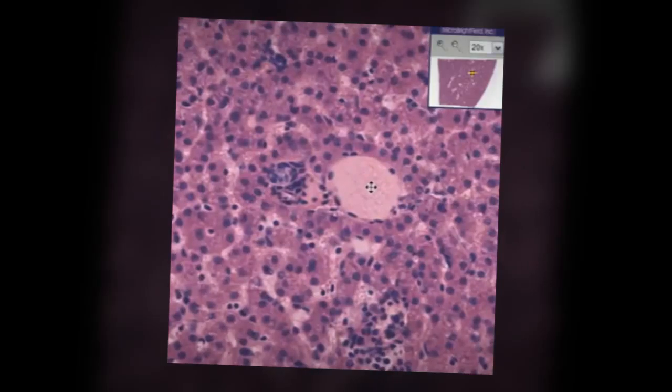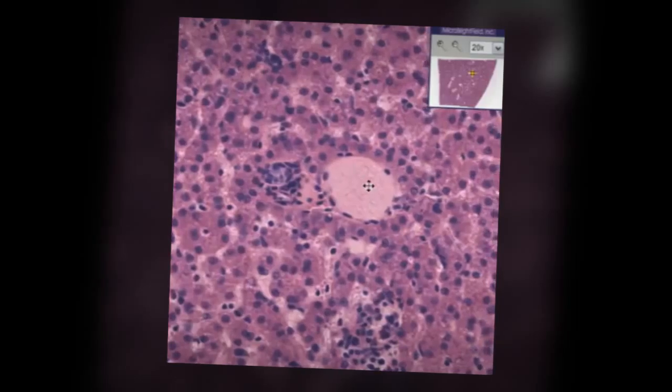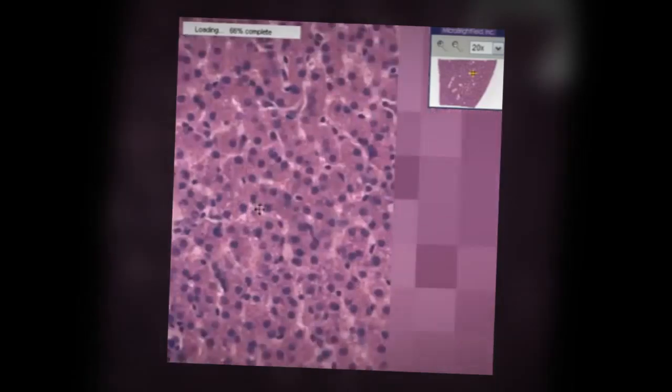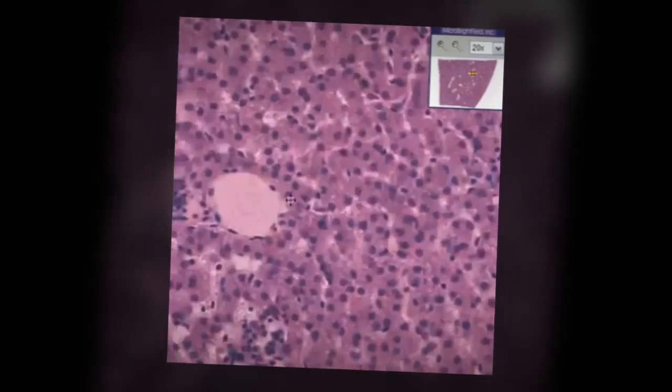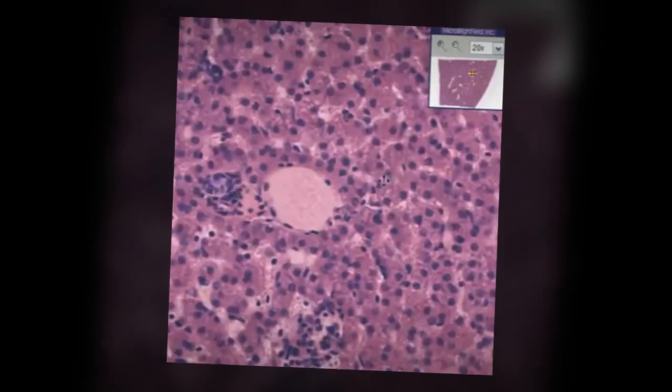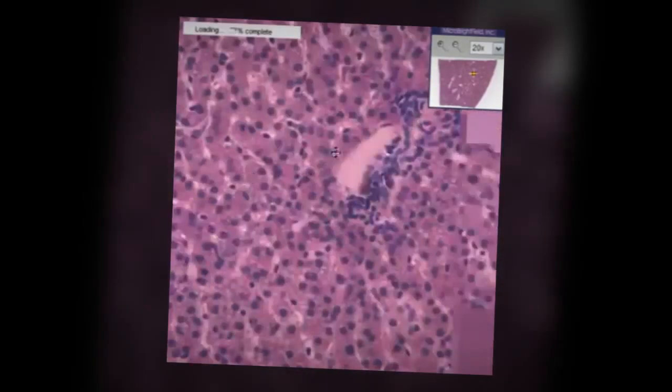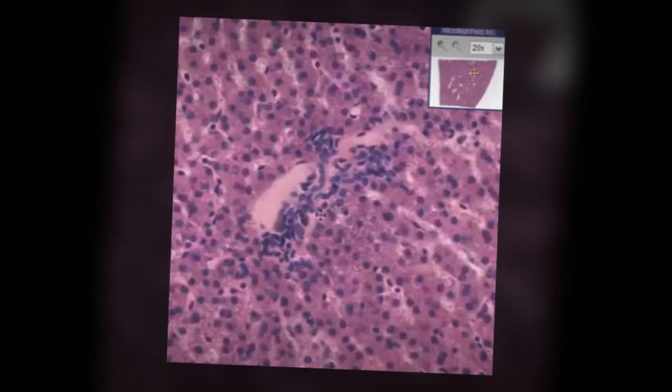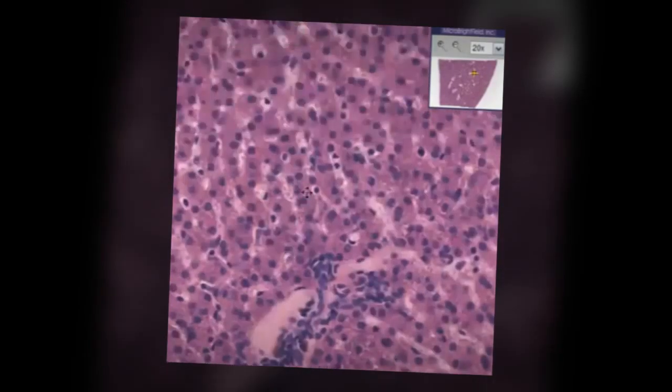Don't be depressed if you only see one or two of the three things you're supposed to see in the portal triad, because in the real world you never see all three, and you're more likely to see a couple of bile ducts and no artery, but you almost always see the vein. And remember, there is always a little bit of connective tissue, at least in the portal area, or a portal triad. And here's probably another portal triad.